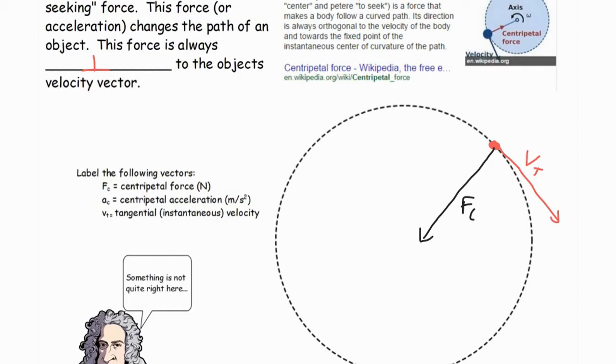So the centripetal force is a center-seeking force. Now, if I want to identify the acceleration, well, the acceleration is the same direction as the force. Remember, force is just mass times acceleration.